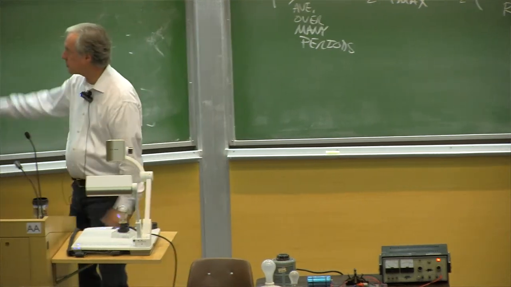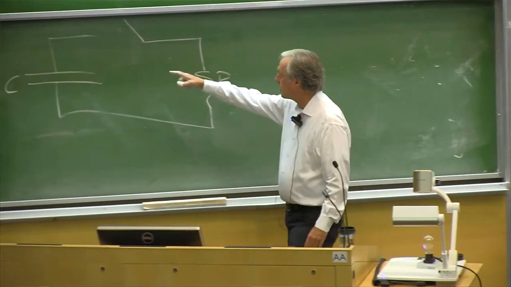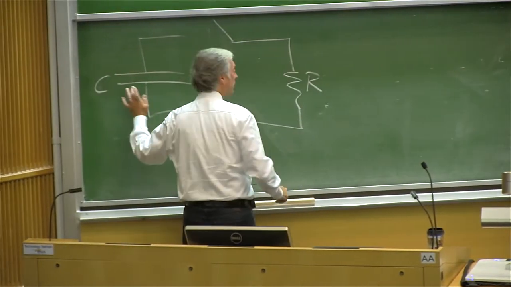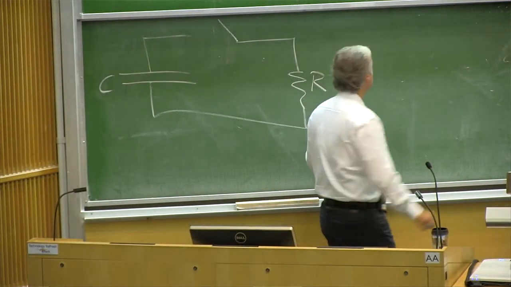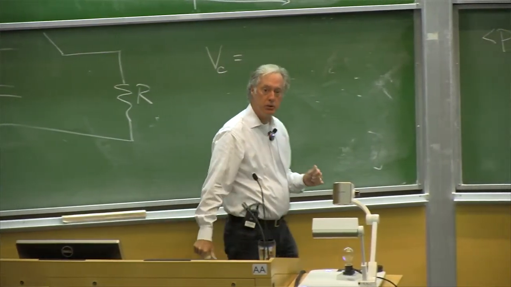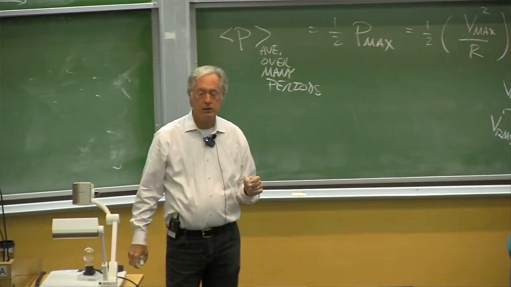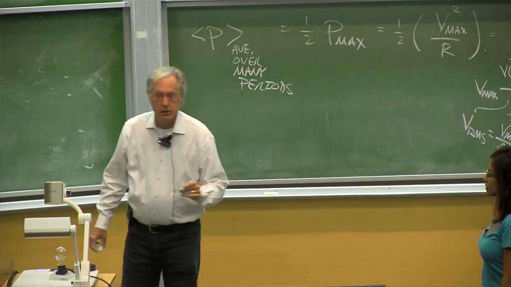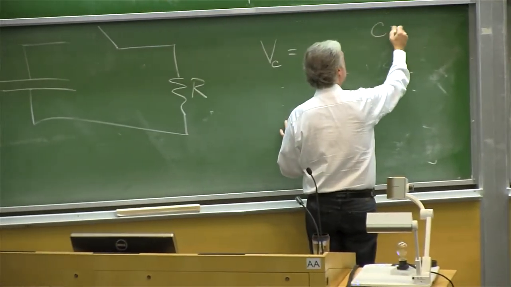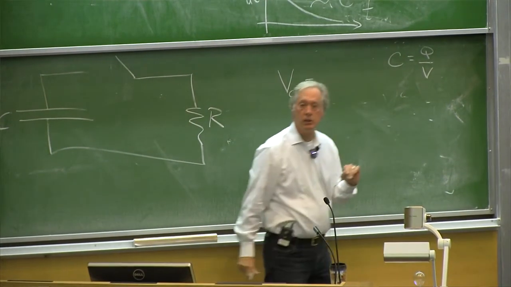When we close the switch, what's going to happen? We close the switch, current can flow. We're going to have a voltage across the capacitor, right? What's that voltage equal to? Let's see. We think about capacitance as the ability to store charge.